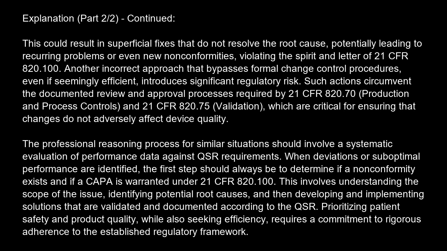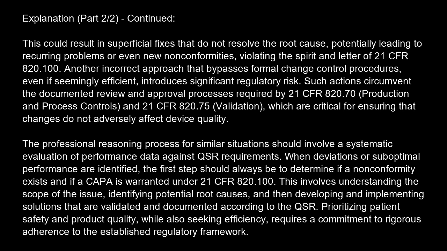Another incorrect approach that bypasses formal change control procedures, even if seemingly efficient, introduces significant regulatory risk. Such actions circumvent the documented review and approval processes required by 21 CFR 820.70, production and process controls, and 21 CFR 820.75, validation, which are critical for ensuring that changes do not adversely affect device quality.